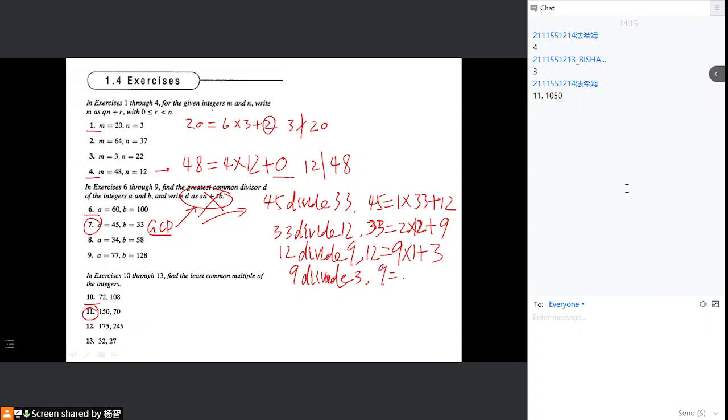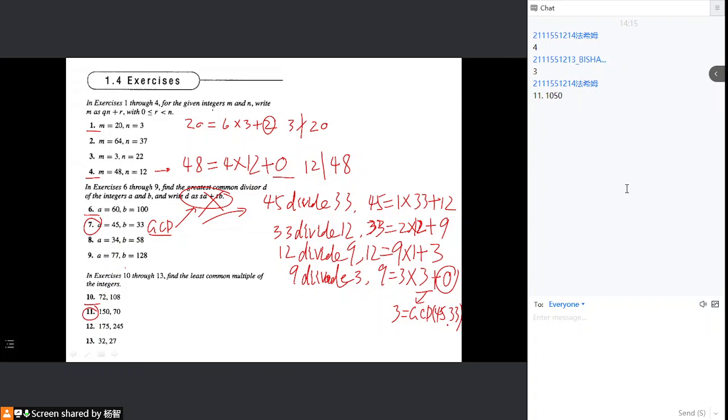And 9 equals 3 multiplied by 3. So the remainder is 0. So 3 is the GCD of 45 and 33. Is that right? Yes.